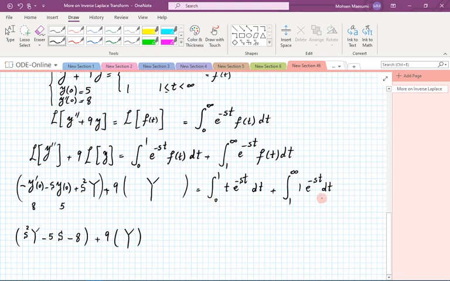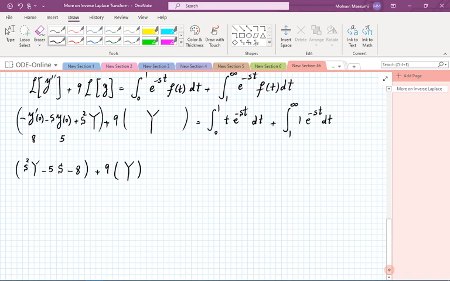On the right-hand side I have to do two integrals. Let me see if I can convince you to do it quickly. The easy one is this. The integral from 1 to infinity of exponential of minus st. Well, that's going to be exponential of minus st over minus s between 1 and infinity.